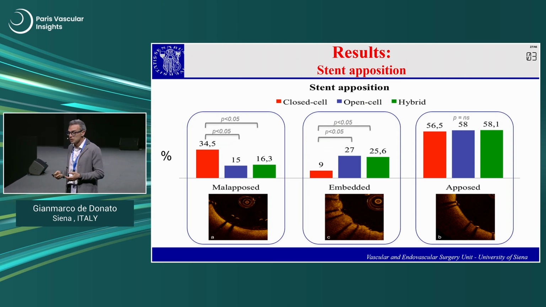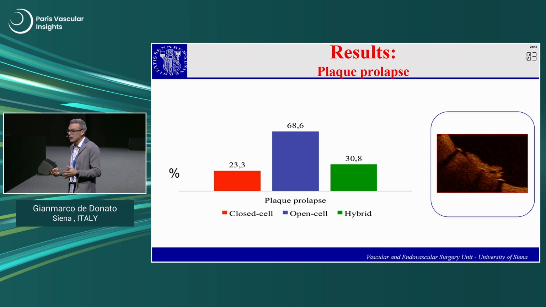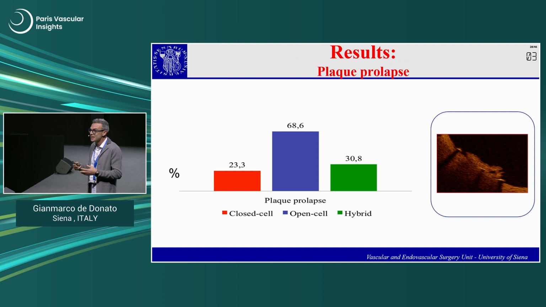And what is really quite disappointing was the plaque prolapse. Plaque prolapse was very frequent. In a slice-based analysis, we had up to 68% of plaque prolapse with open cell. That was better for closed, even for hybrid.